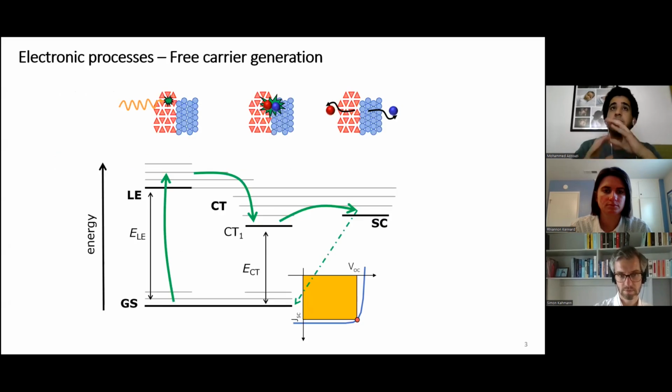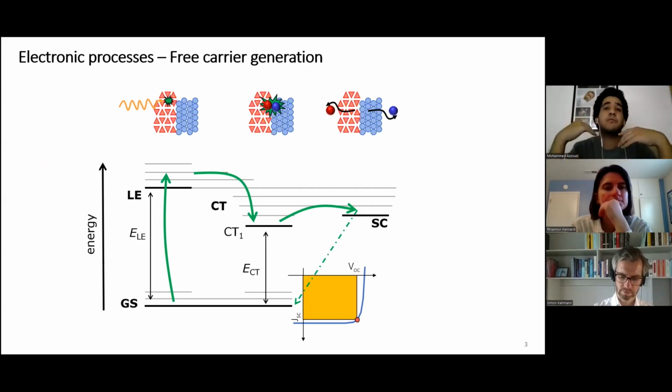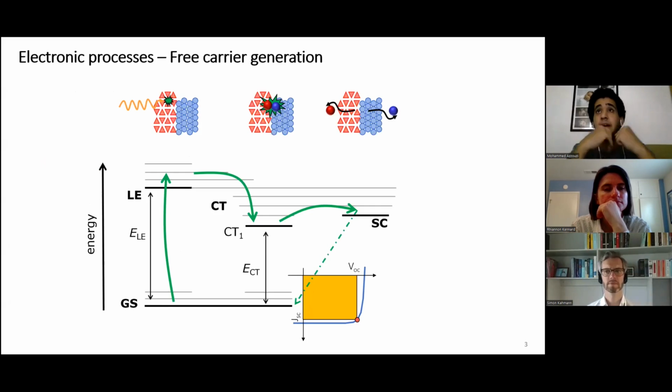So the first thing is, in organic solar cells, the charge generation process happens first through the absorption of a photon by either the donor or the acceptor that generates excitons. These excitons are strongly bound, so they need to reach an interface to be able to dissociate. That's why we have this donor-acceptor heterojunction.